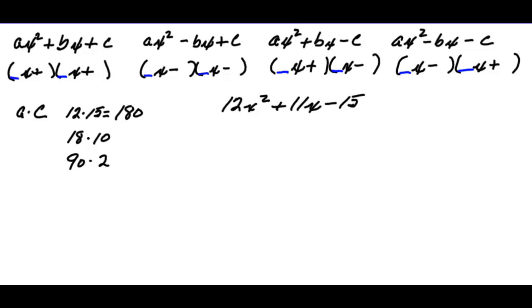That's not going to work. But if we divide that 18 by, let's divide it by 9. If we divide by 9, what we get is 20 times 9. Oh, 20 times 9. The difference between that happens to be 11.